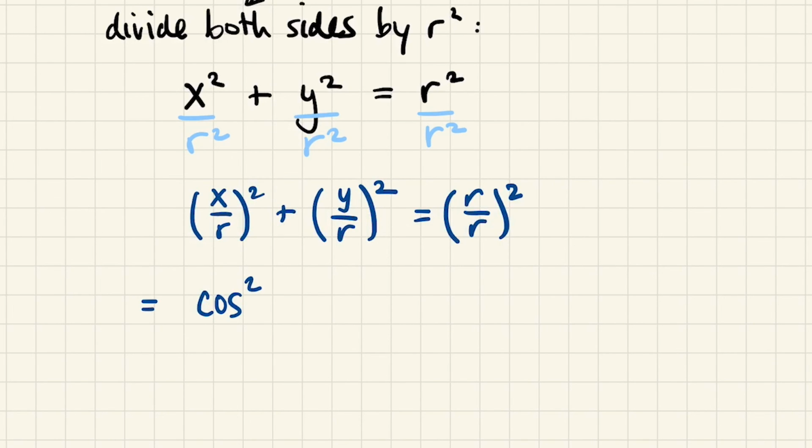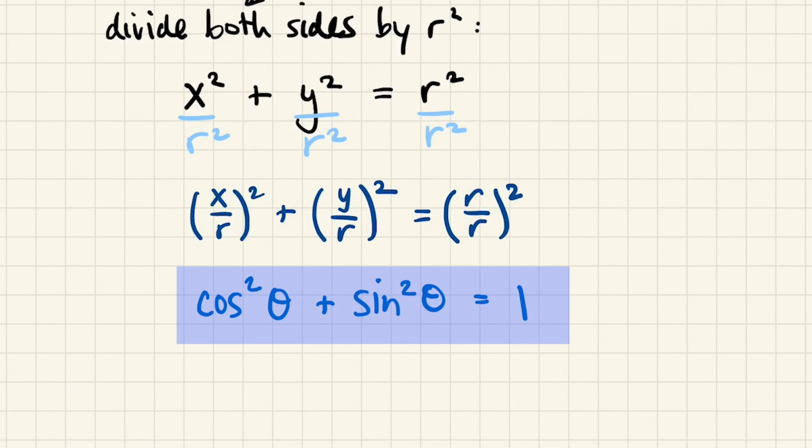We'll write that as cosine squared of theta, plus y over r, which is sine of theta, again as a quantity being squared, is equal to r over r, that's 1, and 1 squared is 1. So we arrive at this, which is a fundamental identity. It's called a Pythagorean identity.